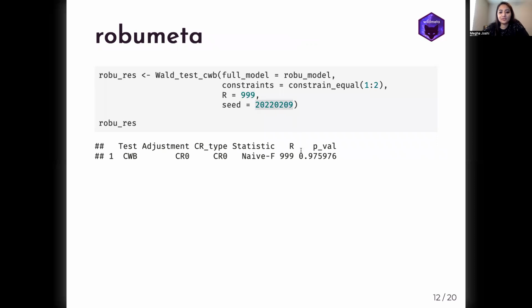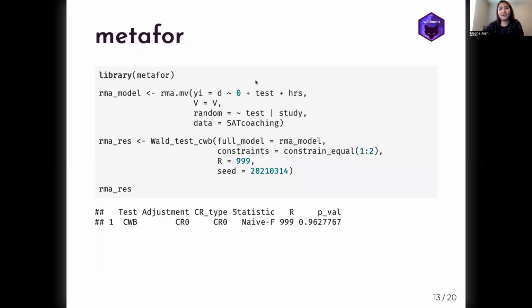And the results indicate that the effects likely don't differ between math and verbal sections of the SAT test. Here I fit a model using the rma.mv function from the metafor package, a similar model, and I input the rma model in the Wald_test_cwb function, and I get similar results for the metafor model.